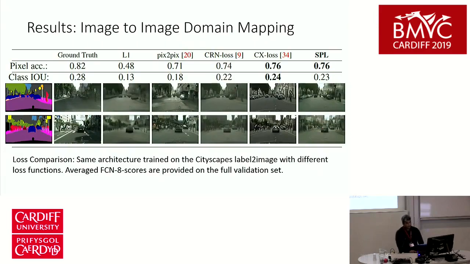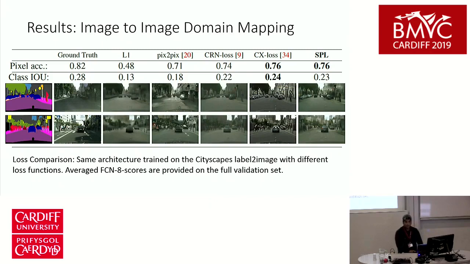Now let's look at first a few quantitative and qualitative results on various applications we have considered. Here on the label to image problem, we compare the SPL loss with different state-of-the-art loss functions by training the same generator every time with different loss function.